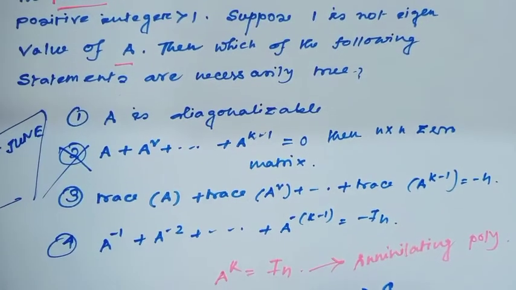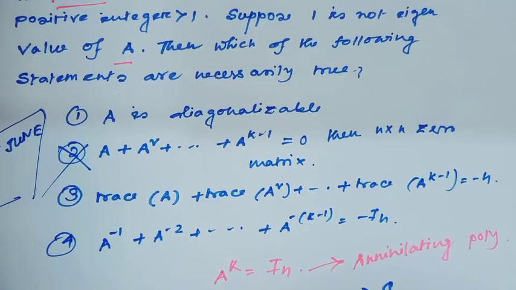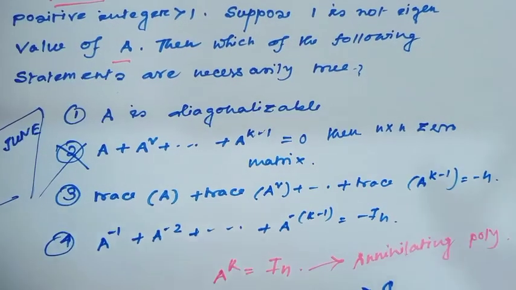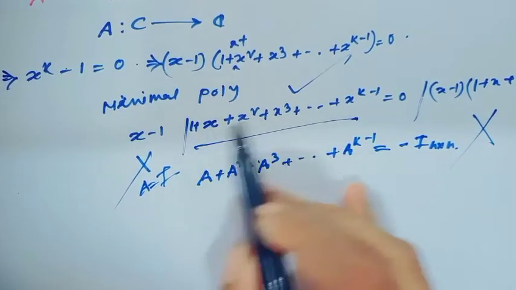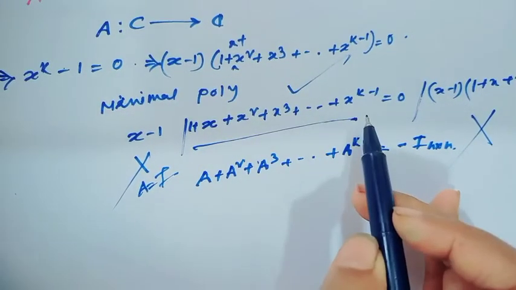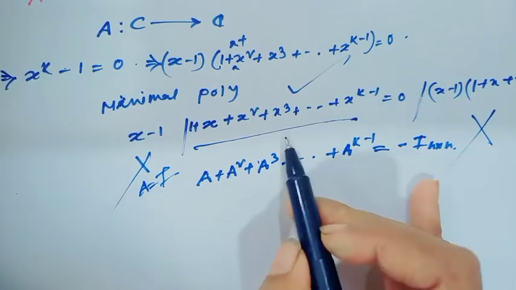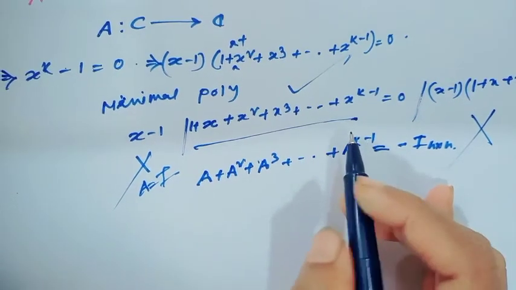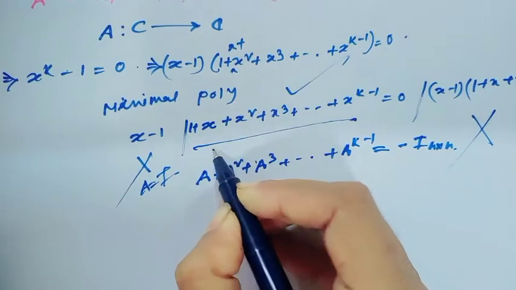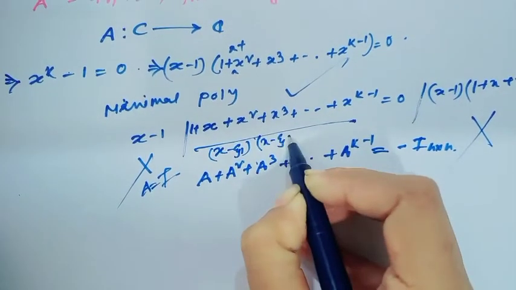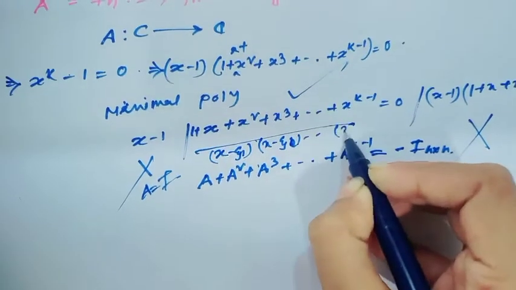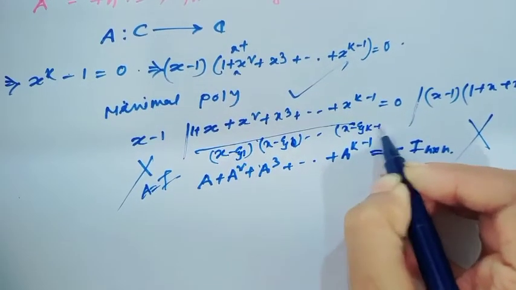And option 1 implies A is diagonalizable. Is it true? Since this is the minimal polynomial, all of us know the roots of this equation are always distinct, and these roots belong to the complex numbers, and the roots would be of such type: x minus j1, x minus j2 up to x minus j(k minus 1).